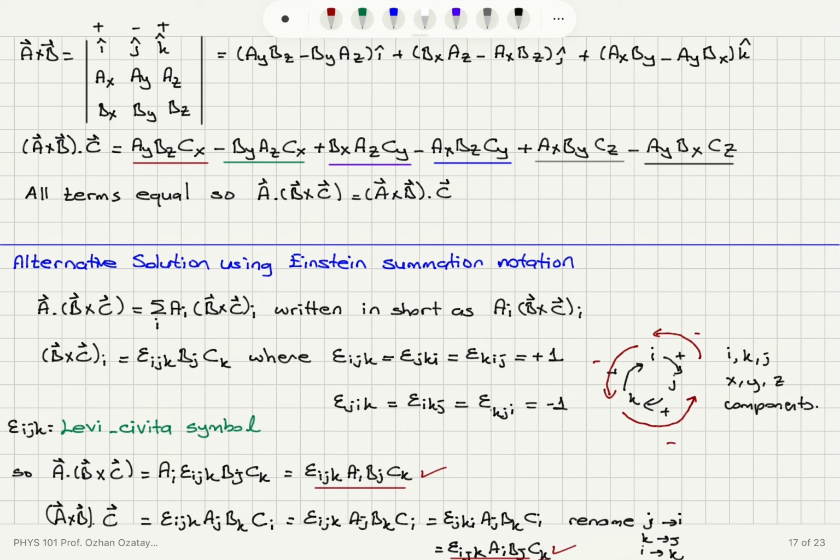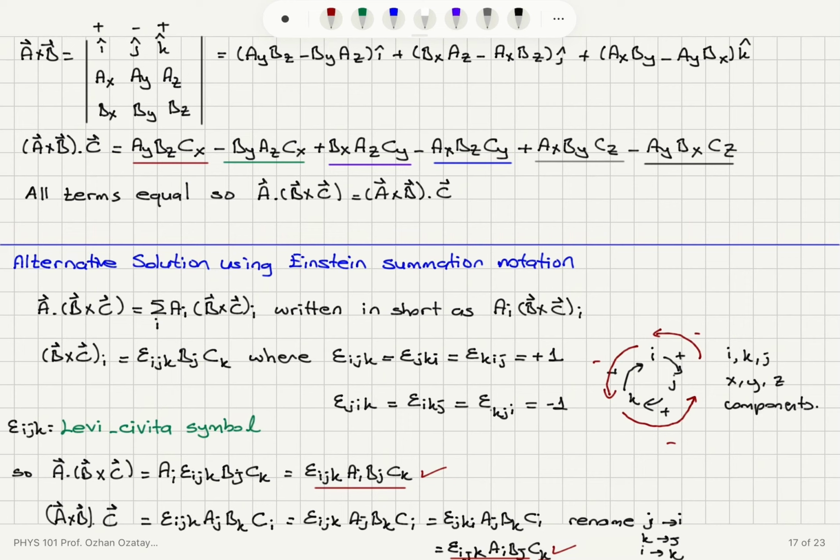And we find the ith component of a cross product using the Levi-Civita symbol, epsilon_ijk B_j C_k, where epsilon_ijk equals epsilon_jki equals epsilon_kij. For cyclic permutations, it's +1, and epsilon_jik, epsilon_ikj, epsilon_kji are -1. These i, j, and k represent x, y, z components.